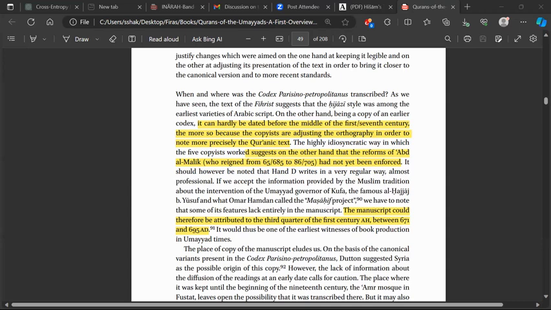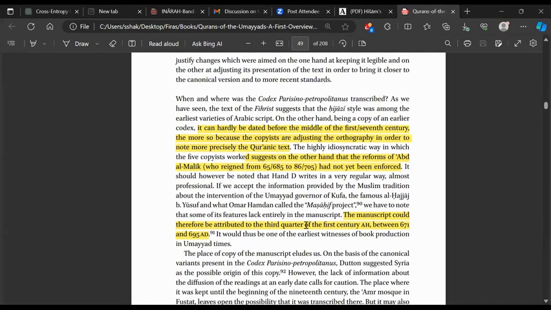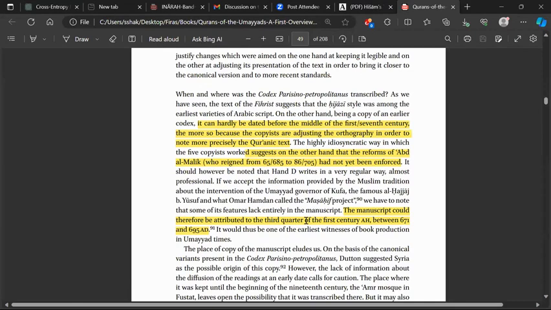The frustrating thing for me is I don't think the evidence is strong enough to be too categorical just yet. I have a sneaky feeling that there are two camps, the Uthmanic camp and the Abdul Malik camp, each with their own desire that their camp is correct, but not really having the winning evidence that would push one way or the other, especially when we're not talking about a huge length of time between the two.